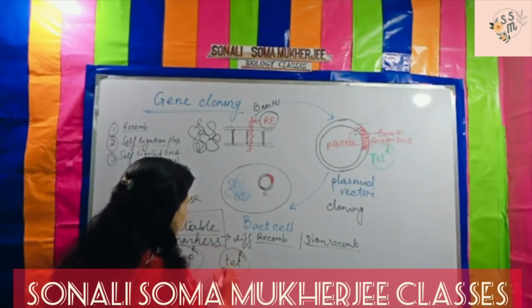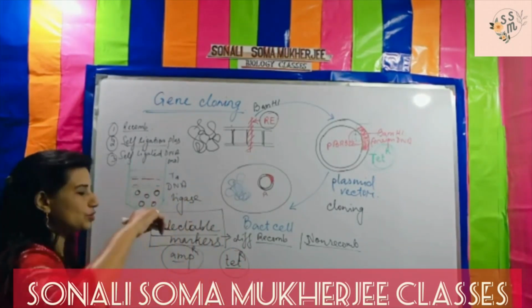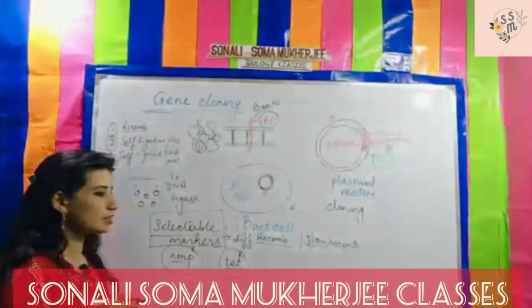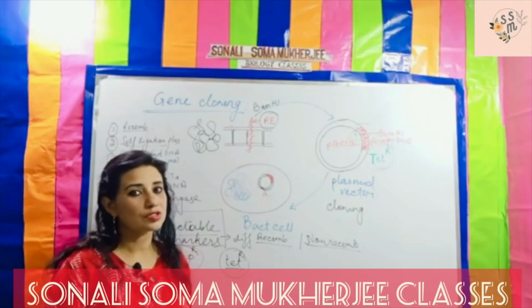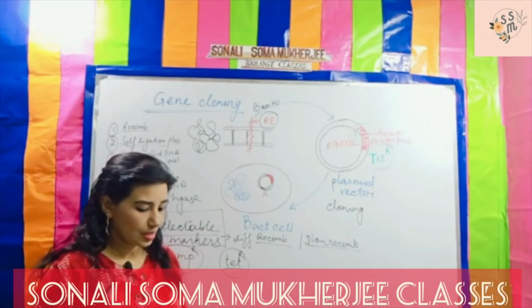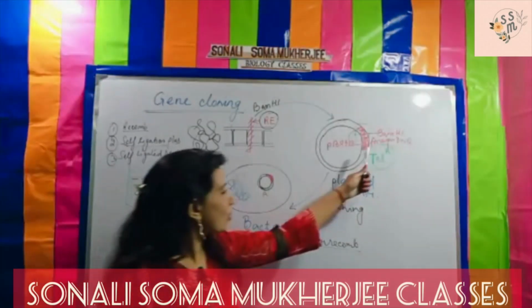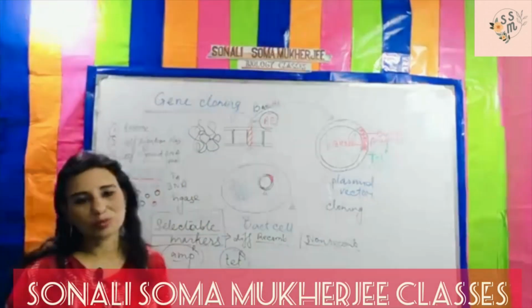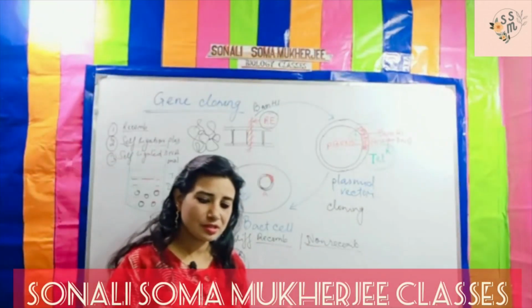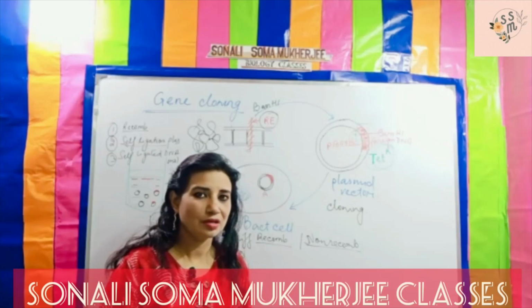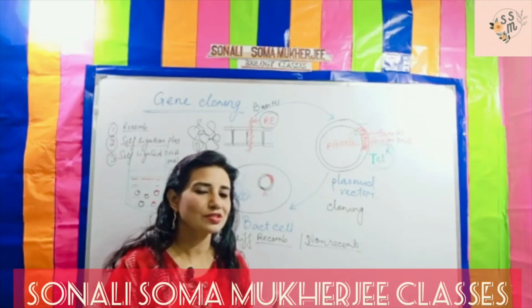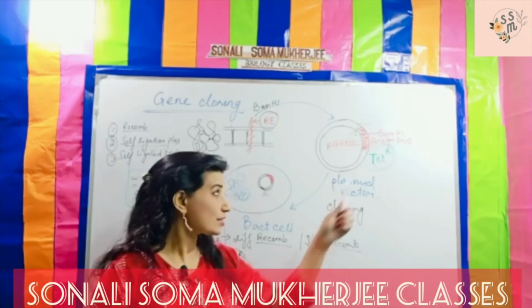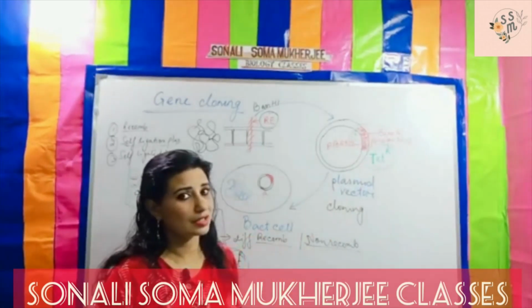That means the two antibiotics that can be used as selectable markers are present in genes which are having resistance to ampicillin and tetracycline. Now the question is, I have mentioned BamHI. BamHI is present at the site where the gene has resistance to tetracycline.